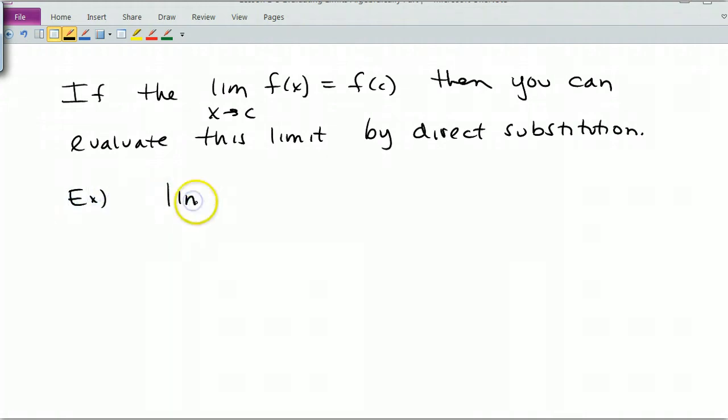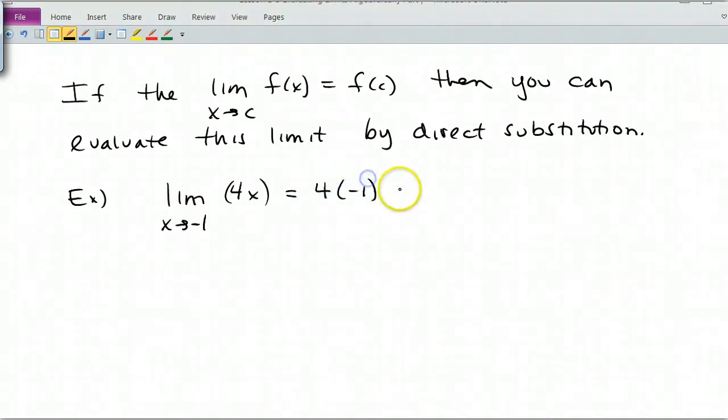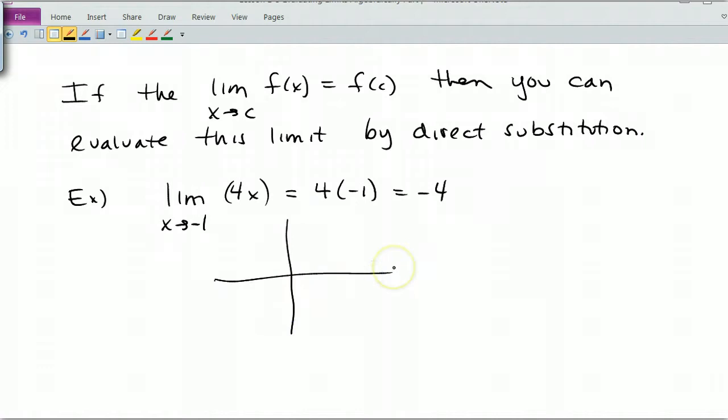Say you have the limit as x goes to -1 of a simple function, 4x. It's a linear function. If I substitute in -1, I'm going to have 4 times -1, which is equal to -4. That's the limit. Let's take a look at this graphically. y equals 4x goes through the origin, and also has the point -1, -4.